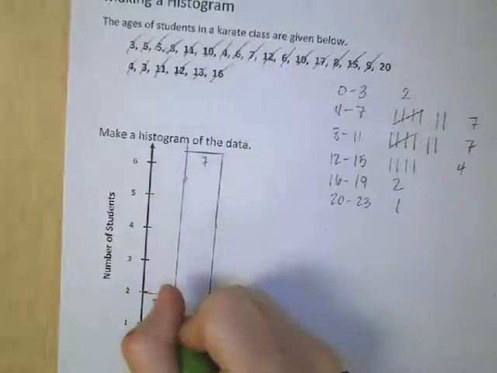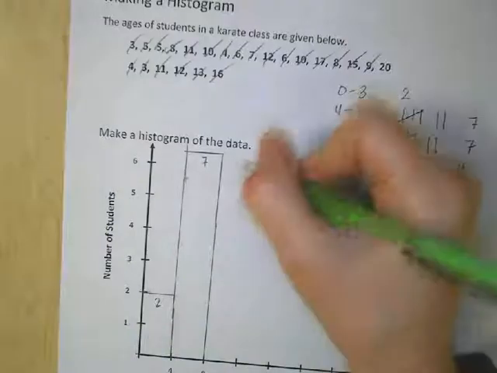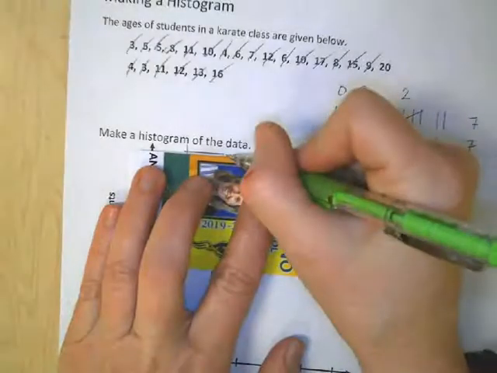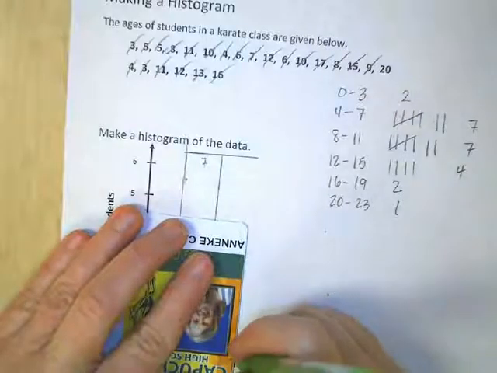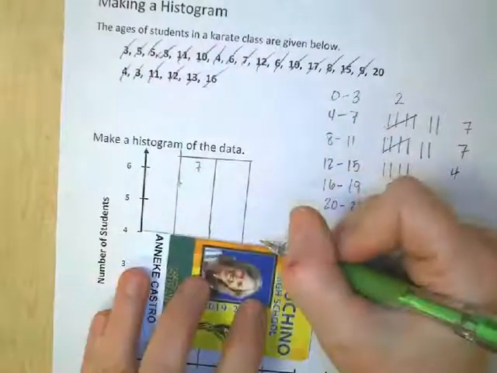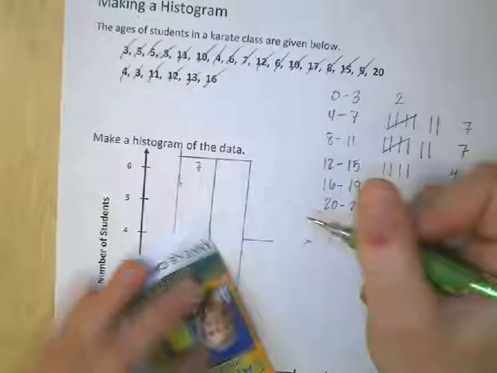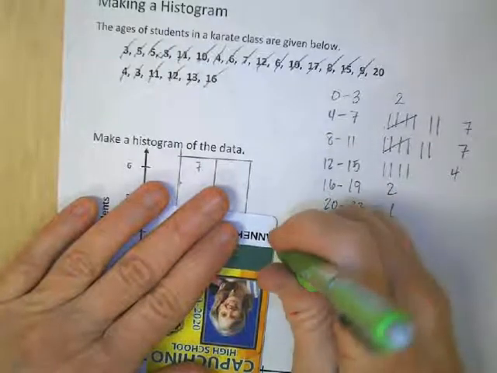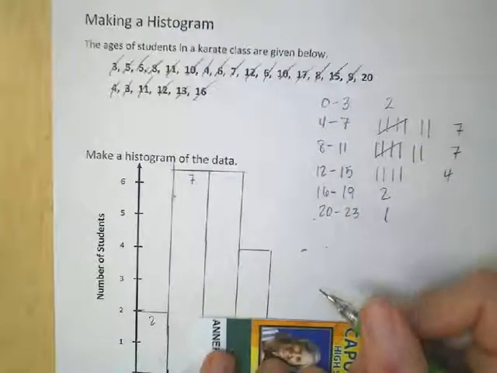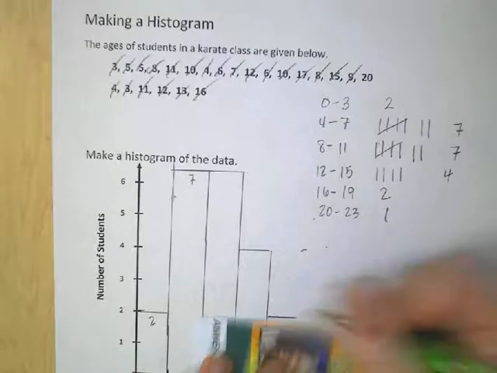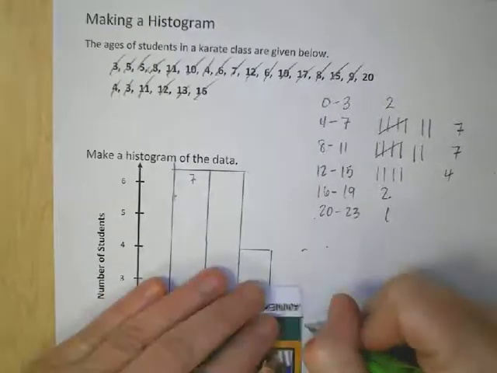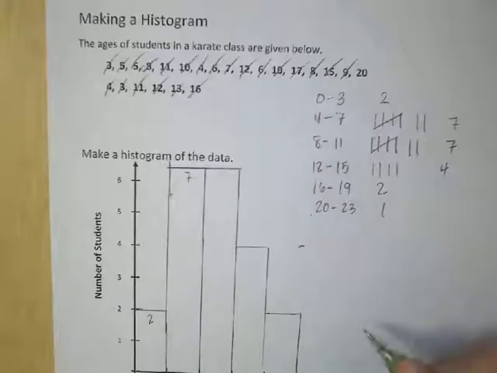This one was a 2. The next one is also a 7. And a 4. And a 2. And a 1.